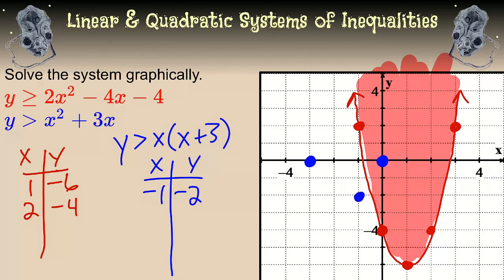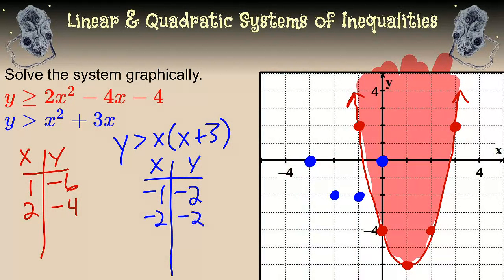And that's nice because since these 2 points are the same y value, my axis of symmetry has to be right here, which means I get a point right there for free. So I'm going to add that point right there. And that's negative 2, negative 2.